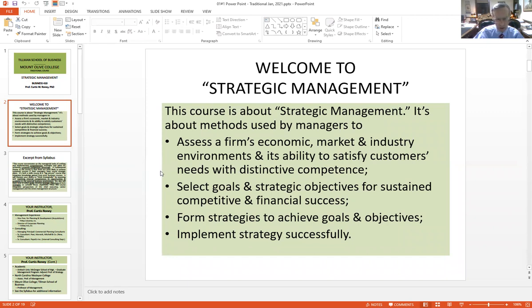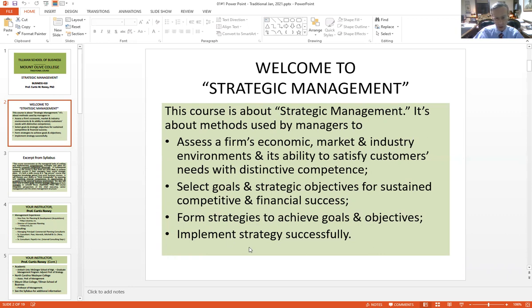And when we do achieve that fit, we'll be able to select standards for success or goals and the objectives of the actions we're going to take to pursue those goals, strategic objectives, for sustained competitive advantage, not just short-term, but long-term, and of course, financial success that comes with that. And finally, to form strategies to achieve the goals, and most importantly, to make strategy happen, to implement it.